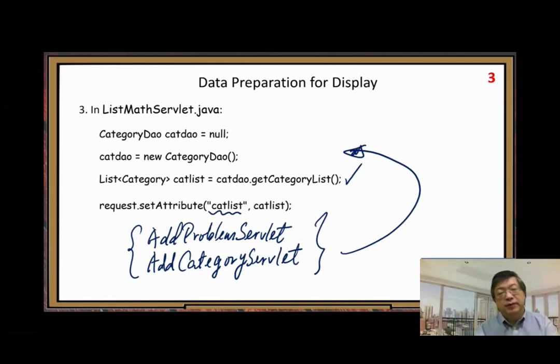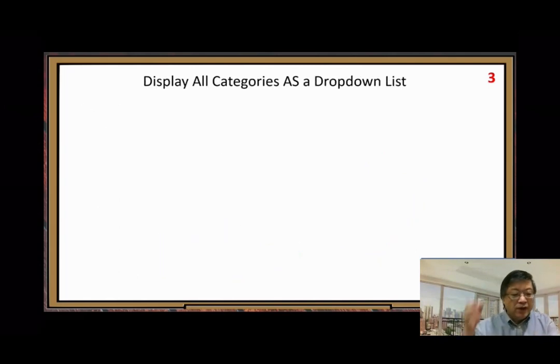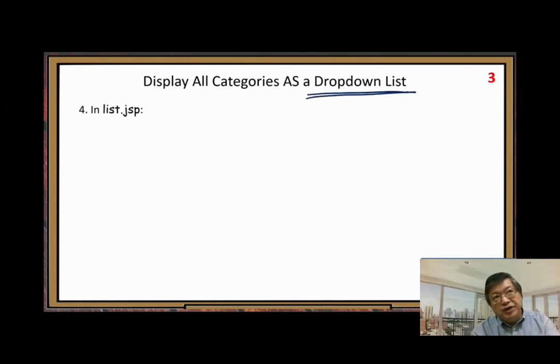The last step, display all categories as a drop-down list in the list.jsp page. Now here we consider using a drop-down list. The reason is that with a drop-down list, we can put a long list of categories.